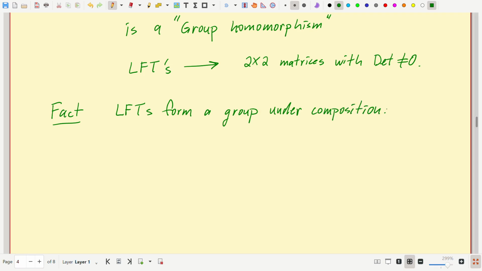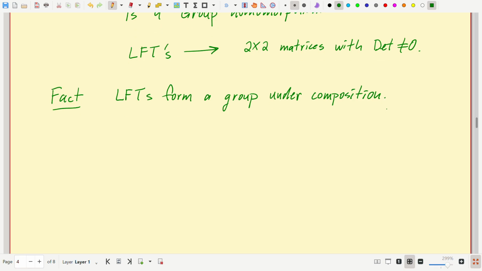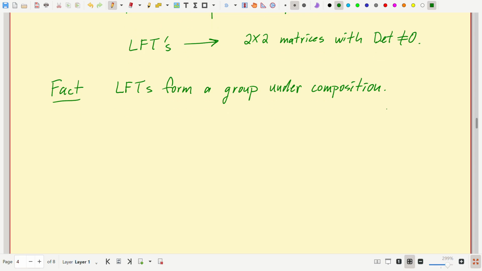And for the group of 2 by 2 matrices, matrix multiplication is the operation. The only thing I haven't shown you is that the identity, of course, is the linear fractional transformation where you have 1 times z plus 0 over 0 times z plus 1. That's the identity map. Check.